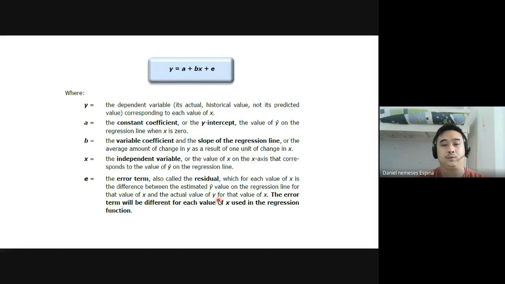So only then can you get the actual Y. So of course, if the error estimate or residual is small, our reliance on our forecast is higher. So again, if the error is small, our reliance on our forecasted Y is high. However, if the error estimate is very high, then most likely our forecast, our prediction, is always wrong.